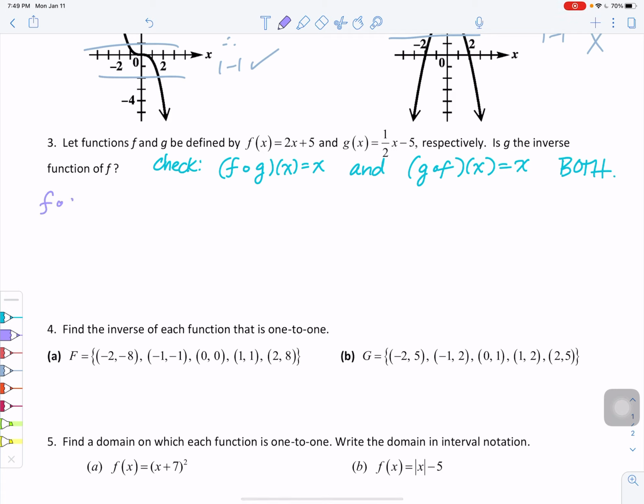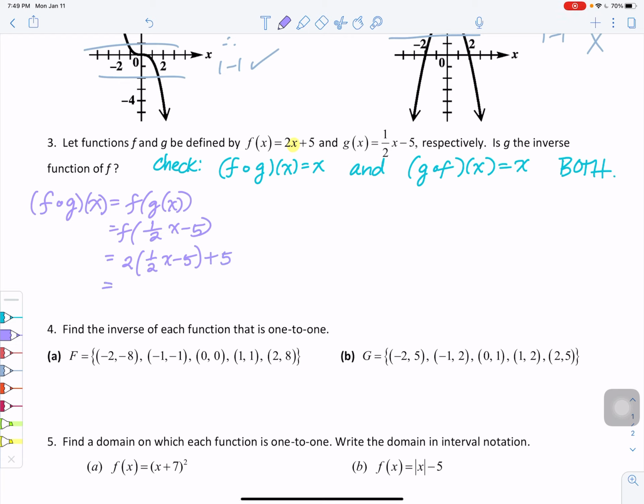f composed with g of x is f of g of x, f of 1/2 x minus 5. Now, everywhere there is an x in f of x, we're going to put 1/2 x minus 5. So we have 2 times 1/2 x minus 5 plus 5.